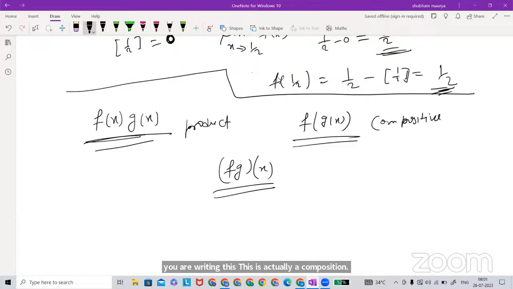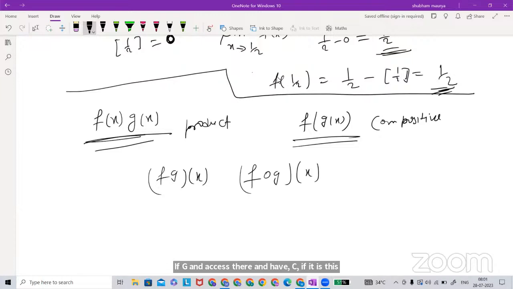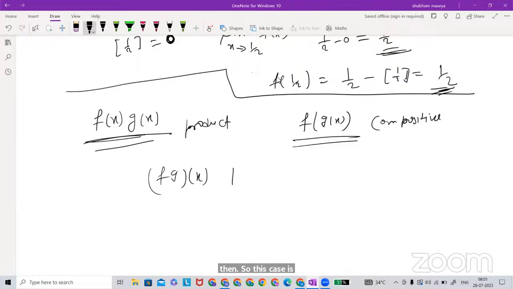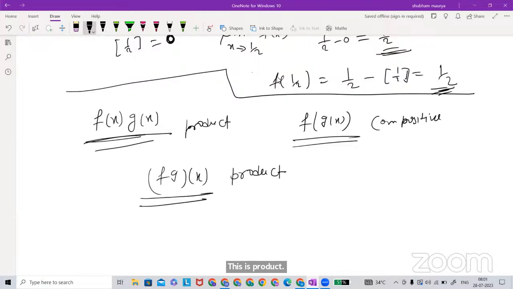One minute, this here is not a circle. FG of X is there, and F circle G. In this case, this is a product. And if it is written in this fashion, with the circle there, this is a composition.